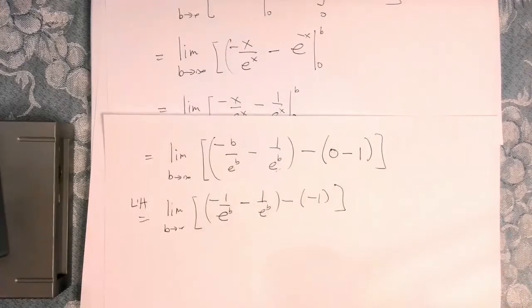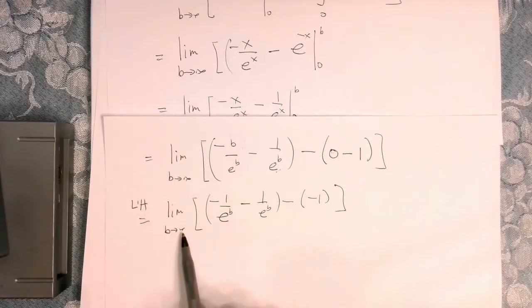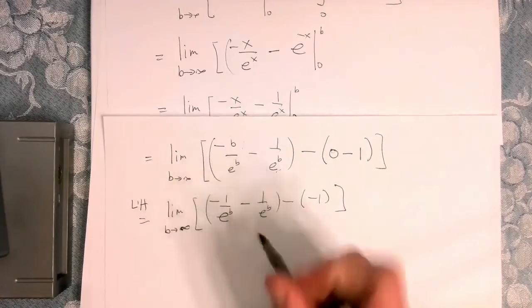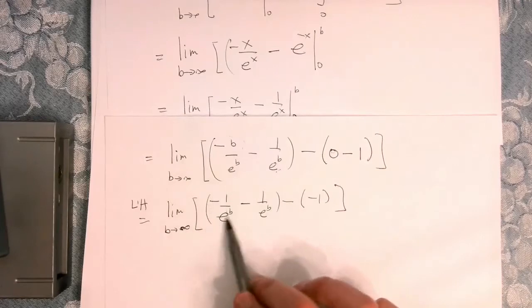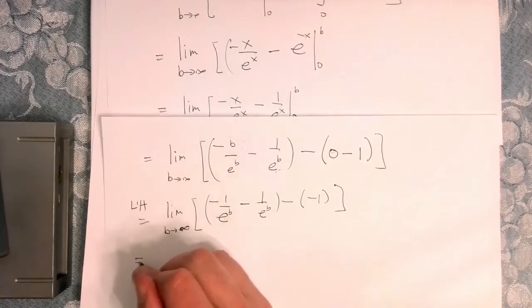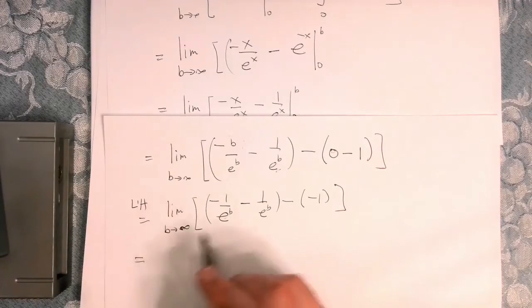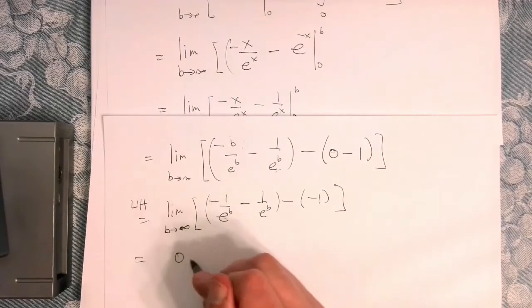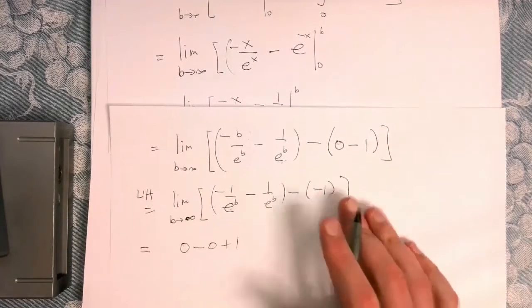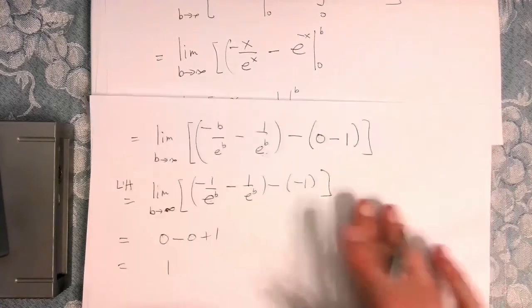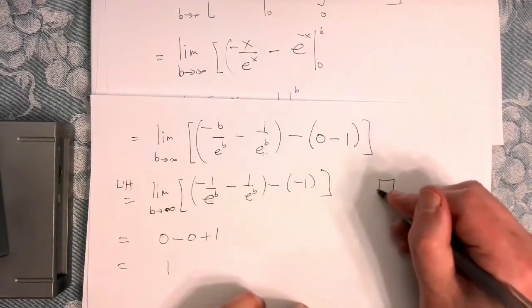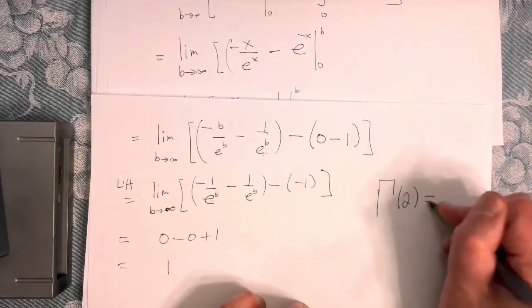And now we can just compute the limit. As b gets arbitrarily large, this term will shrink and get closer and closer to 0. So what do we have here? This will be 0 minus 0 plus 1 in limit, which is also 1. So gamma of 2 is also equal to 1.